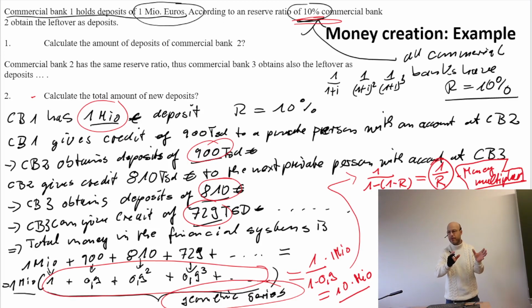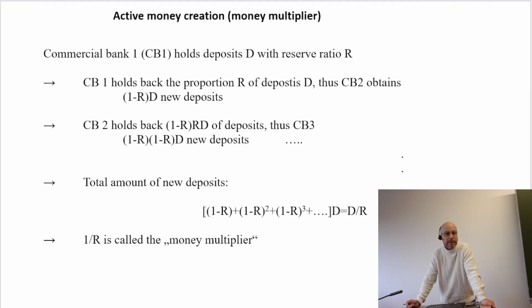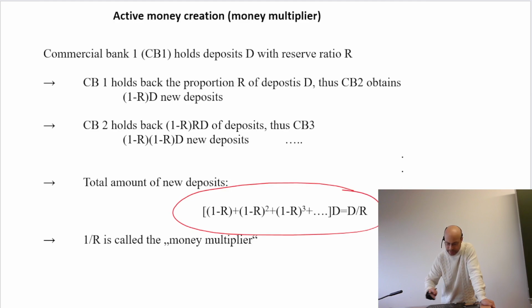And please remember this process in general in an abstract way, because later on when we look at economic theory, this multiplier process will appear again. Oh, there it is. Okay, on the next slide.